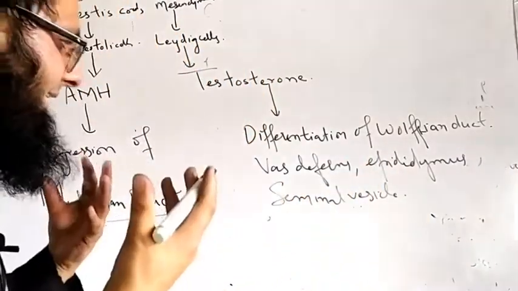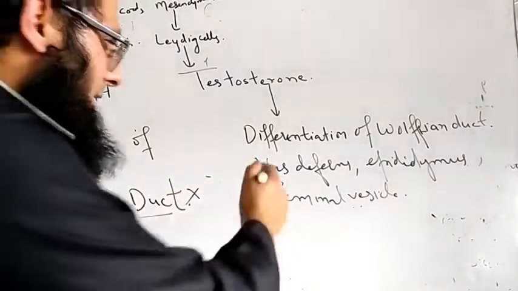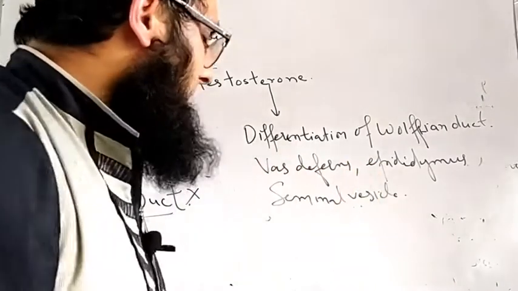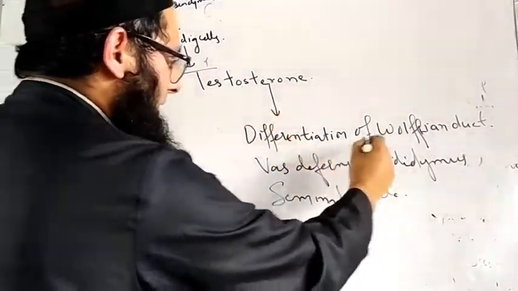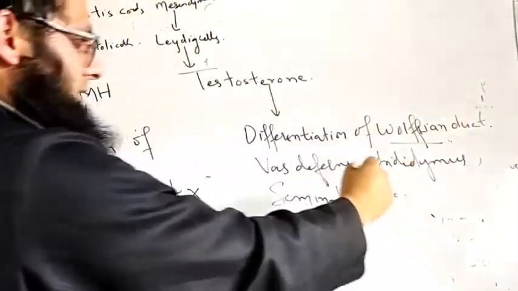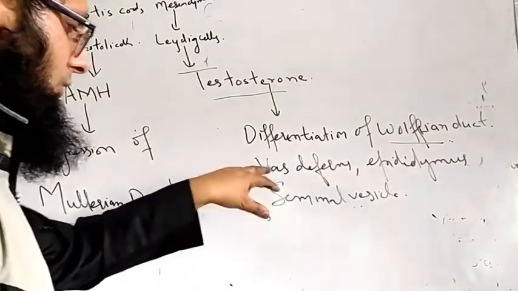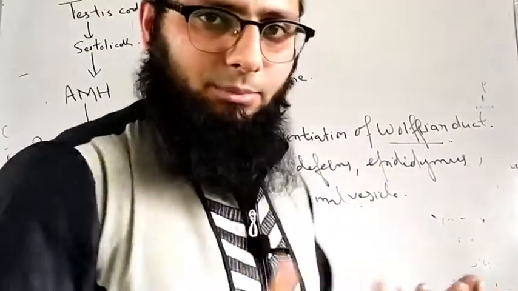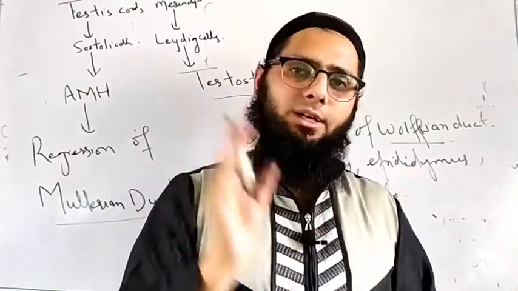These are the male accessory reproductive ducts. Vas deferens, epididymis, and seminal vesicle are all differentiated from the Wolffian duct under the influence of testosterone. The vasa efferentia is missing there; it is actually the remnant of the mesonephric kidney, which is already present.